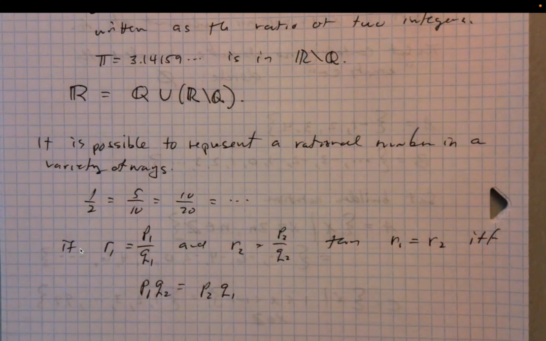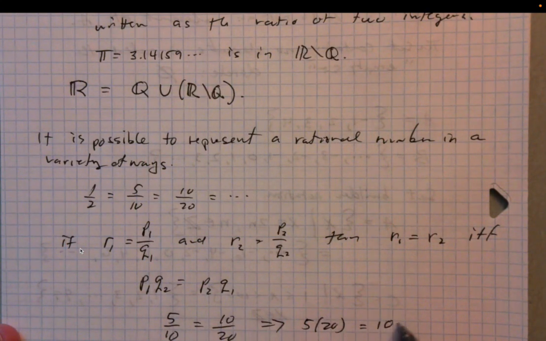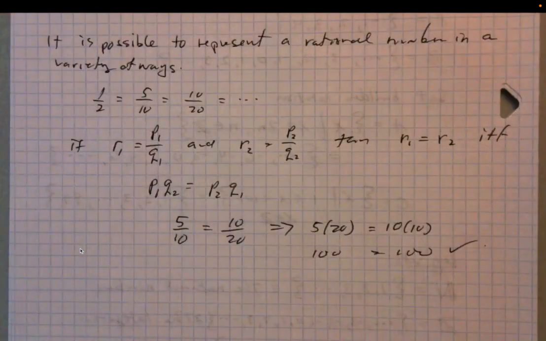Basically, if you cross multiply, you should get equality. For example, 5/10 equals 10/20, and I know that because 5 times 20 equals 10 times 10. So 100 equals 100, right? That's going to be the test that we'll frequently make use of. It's a fact that many of the rational numbers really represent the same quantity, and so we'll need a way to determine when two rational numbers are identical. This is the test we'll fall back on.